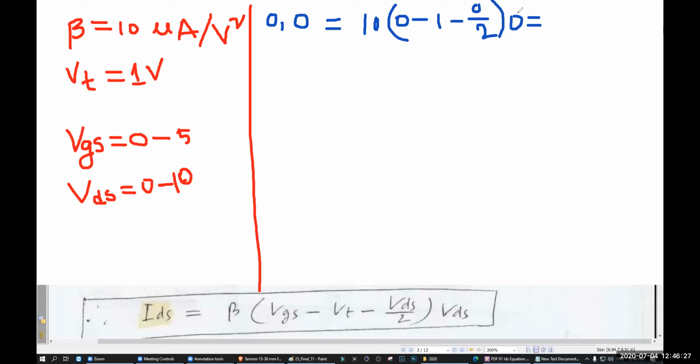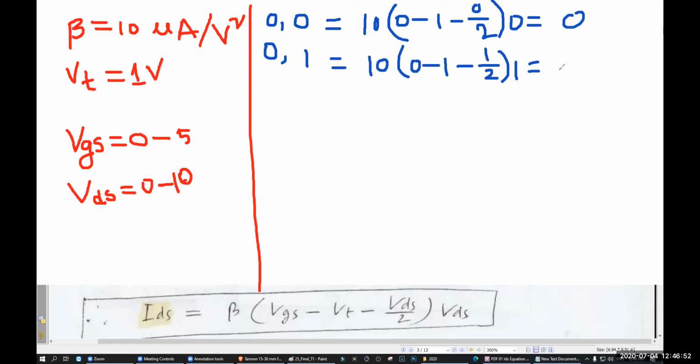It will be 0 because you have a 0 multiplication. Now your VDS is equal to 1. Again, 10, 0 minus 1, minus 1 by 2, into 1, right? Here we might get some value.